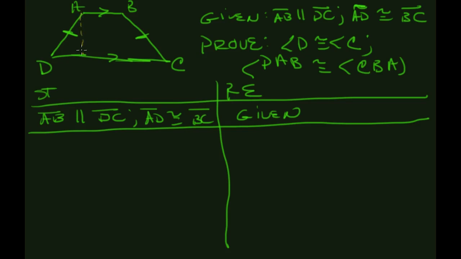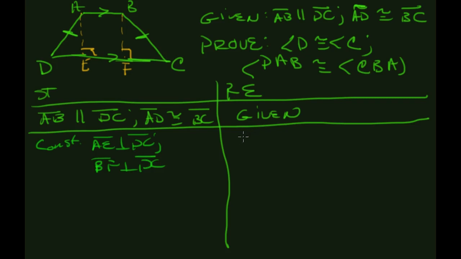We're going to drop down a segment here, and call that point E. And we're going to drop down a segment there, and call that one point F. So we are constructing segment AE perpendicular to DC, and we're also going to create BF, which is also perpendicular to DC.